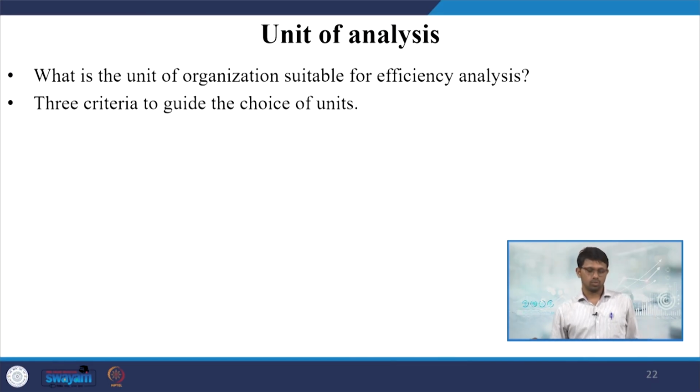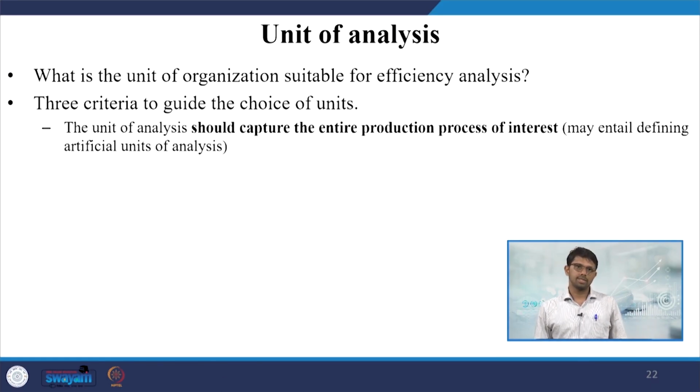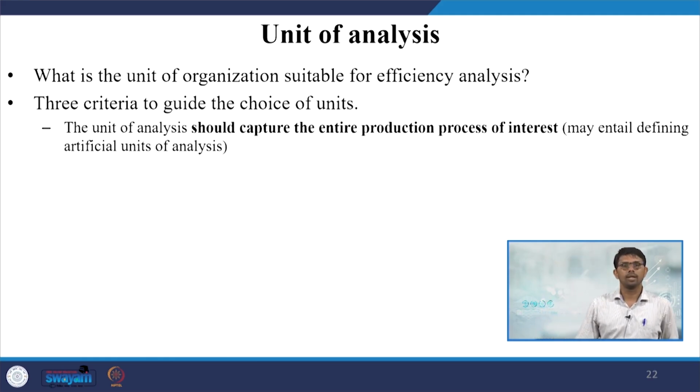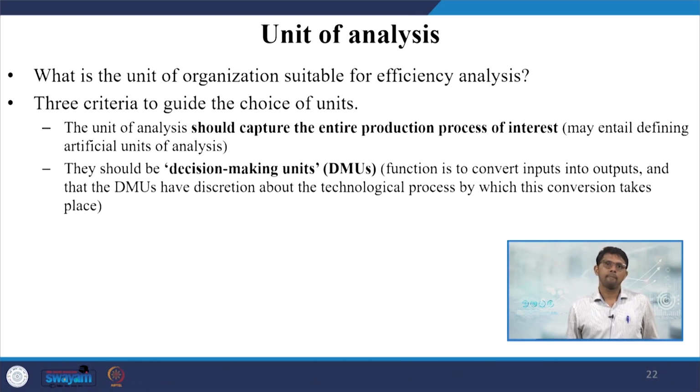There are three criteria to guide the choice of the unit of analysis. Usually we start by emphasizing that a unit of analysis should capture the entire production process of interest. That may entail defining artificial units of analysis as well.